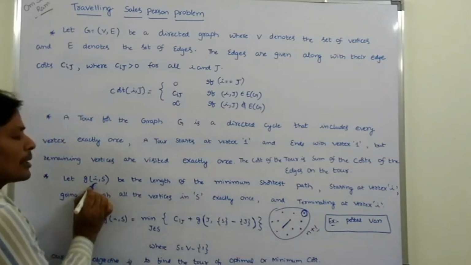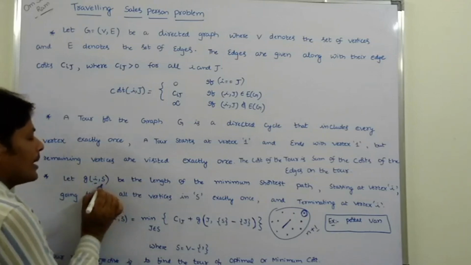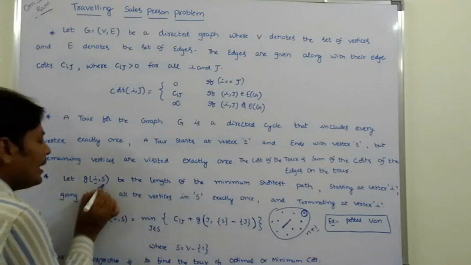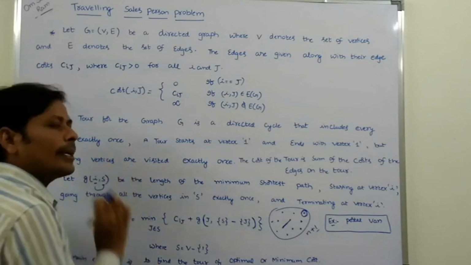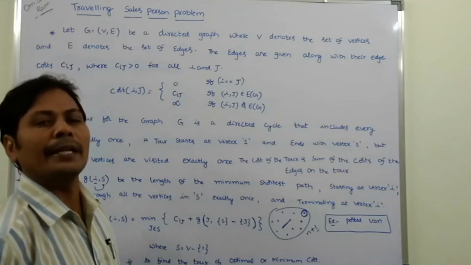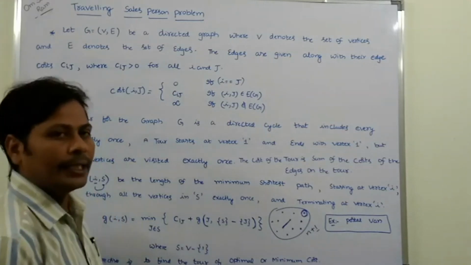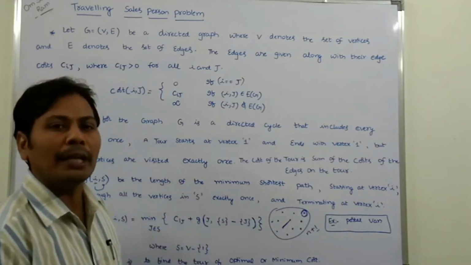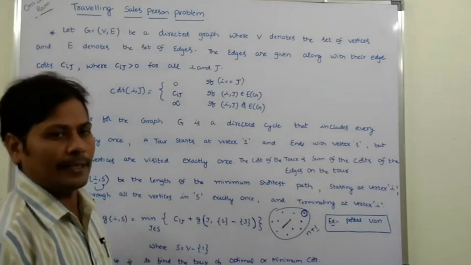So here the tour starts at vertex i, visiting all the vertices in the given graph exactly once, and finally it reaches the destination vertex i. So here S is nothing but the remaining vertices to be visited in the given graph exactly once. Here the starting vertex is i, the ending vertex is i. S represents the remaining vertices in the given tour to be visited exactly once.